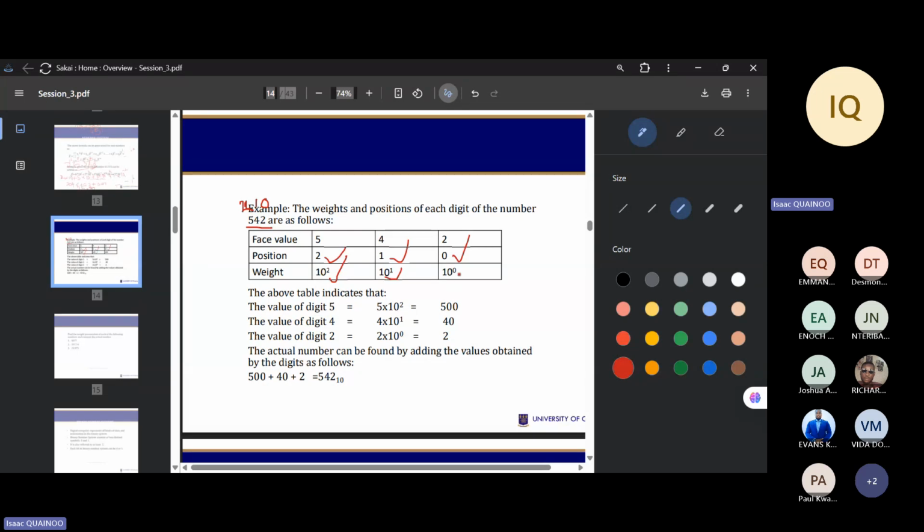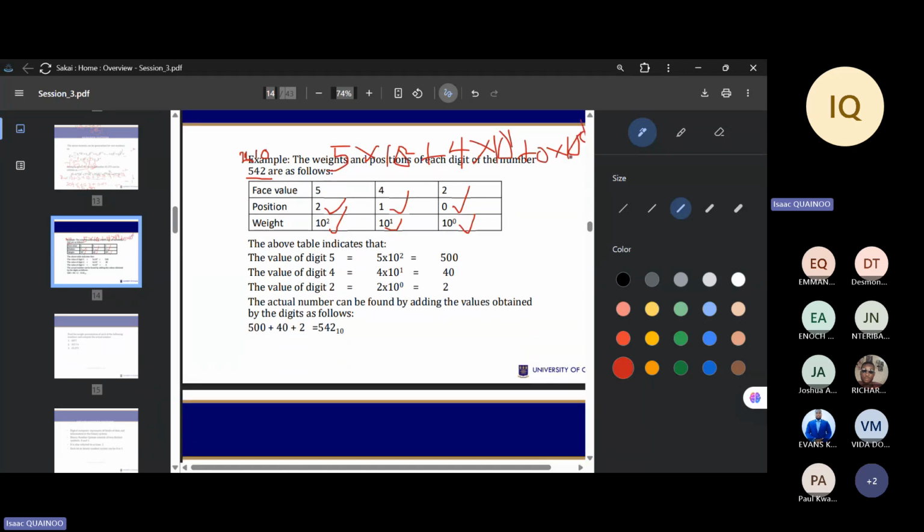The weight of the last digit is 10 raised to the power 0. So to find the actual number, we multiply the face value, which is 5, times the weight, which is 10 raised to the power 2. And then we keep on doing that, which is 4 times 10 raised to the power 1, plus 2 times 10 raised to the power 0. And we have this sorted.